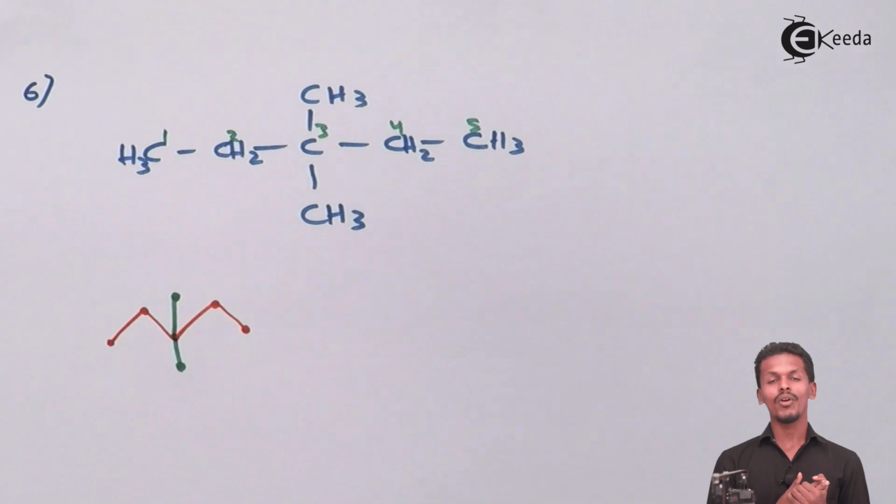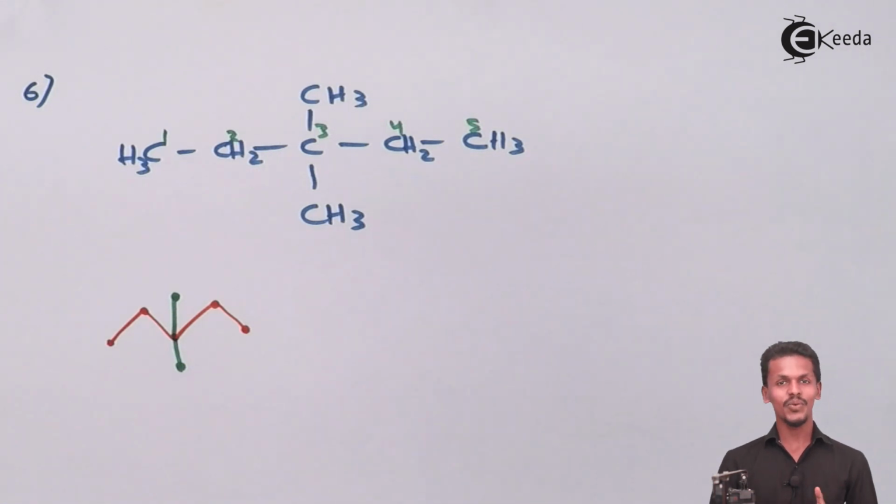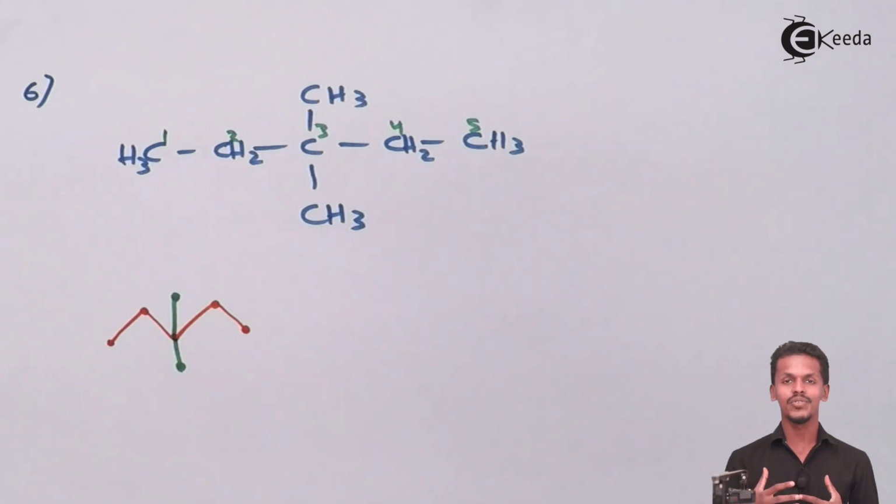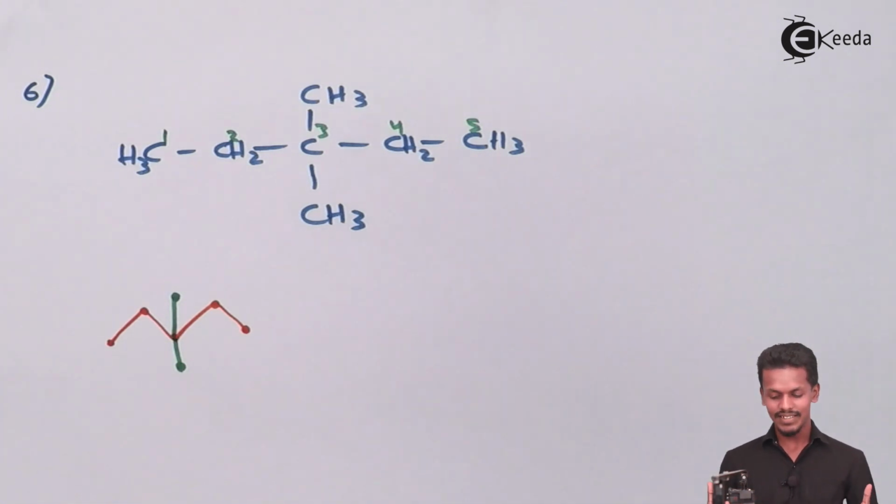And moreover we could see that the bond line formula is not very tedious, because we don't have to write CH3 every time. We just make points and join them, and that's it, and it makes a good representation of a particular alkane. It is easy and it looks good also.